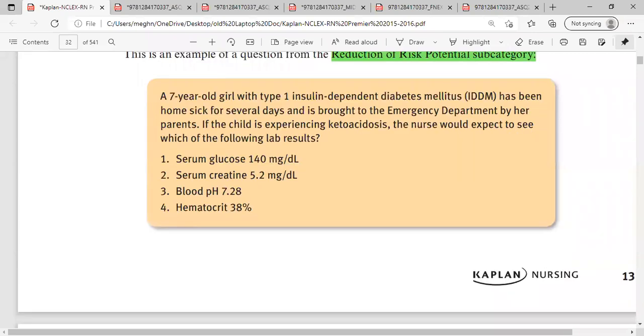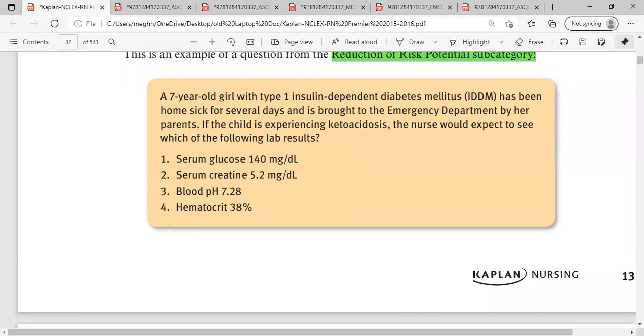So this patient has diabetes, right? It is a known case, diagnosed with diabetes mellitus, and the patient is 7 years old. So what type of diabetes is most common? If the patient is 7 years old, it would be type 1 diabetes, right?